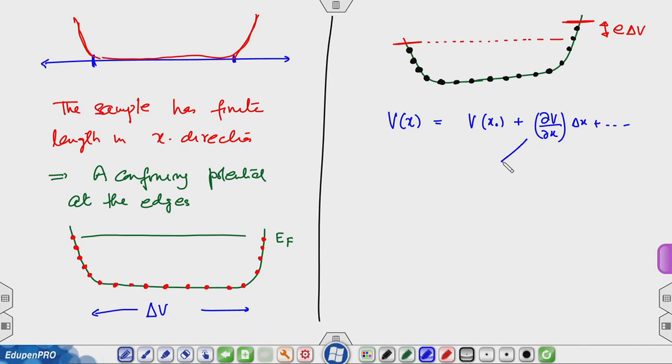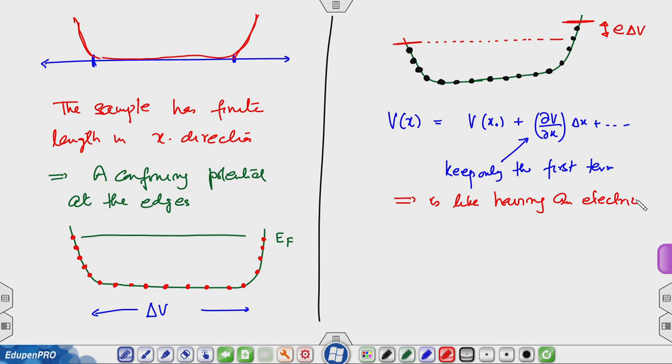So, if I keep only this term, then this is like having an electric field where dV/dx is not equal to 0.